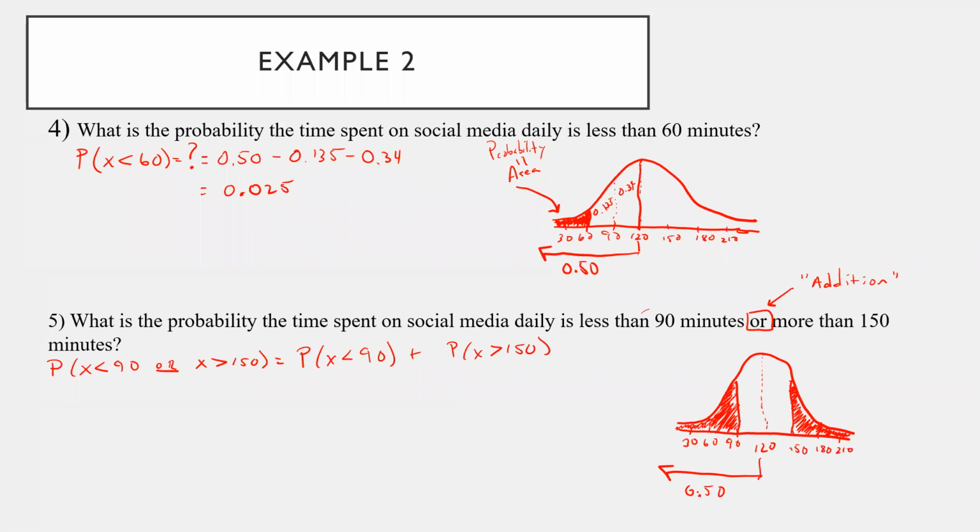Yep. All right, so all the area here. So to go from 120 to 90 is how many standard deviations? You're close, Tora. To go from 120 to 90 is one standard deviation, right?